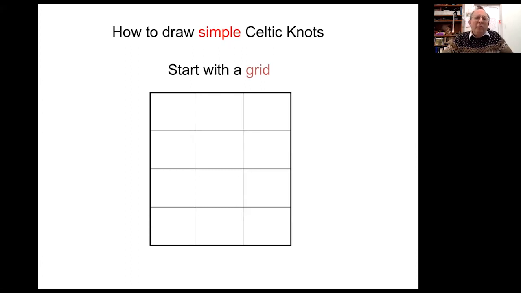And to draw the simplest type of Celtic knot, you need to start with a grid, and the simplest grids are rectangular grids. And because we're mathematicians, it's good to classify such a grid. So I shall simply classify that to be a 5-4 grid on the grounds that it has 5 horizontal lines and 4 vertical lines. Okay, so there's our grid, and obviously we could have different types of grid.